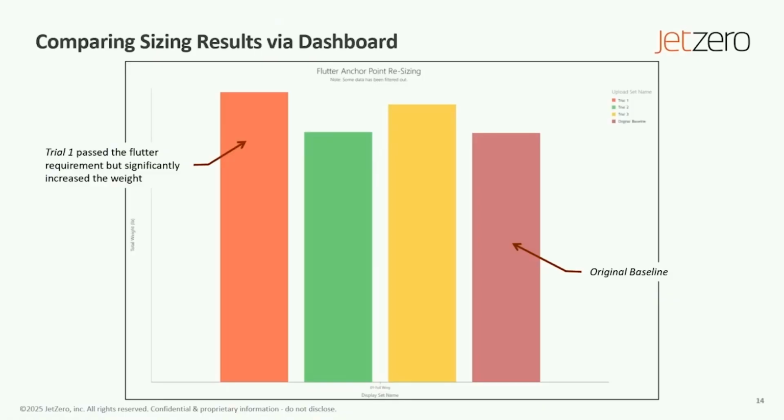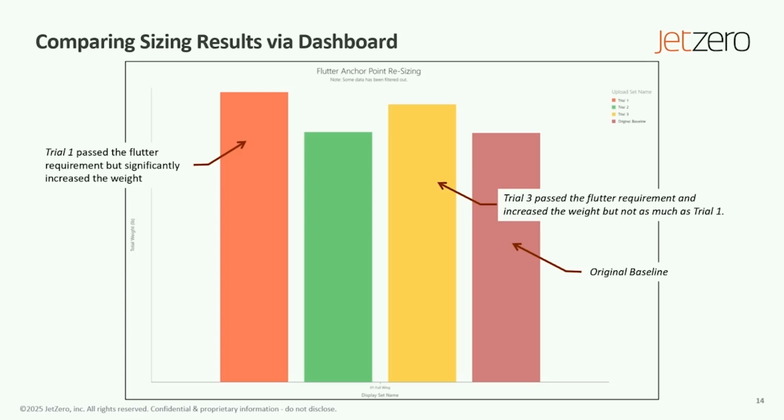For trial 1, remember, it passed the flutter boundary but overshot it, and we expected it to have unnecessary weight, and so it did increase the weight significantly. But for trial 3, when we ran it with SOL 200 and resized it, it passed the flutter requirement, increased the weight, but not as much as trial 1. So we were able to reduce the weight and close that gap between the red line and the flutter boundary speed.